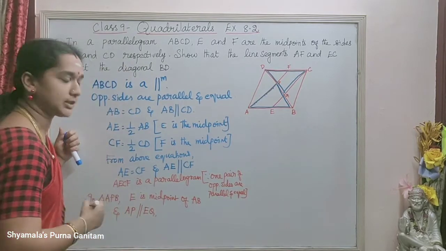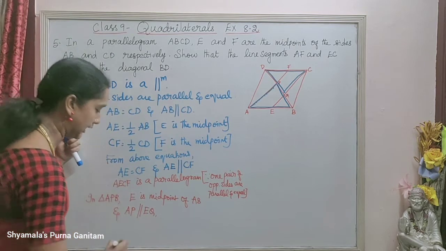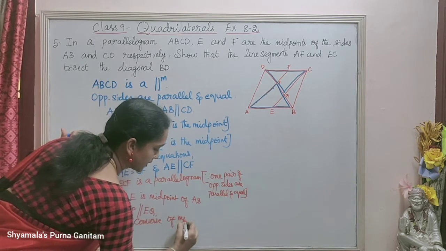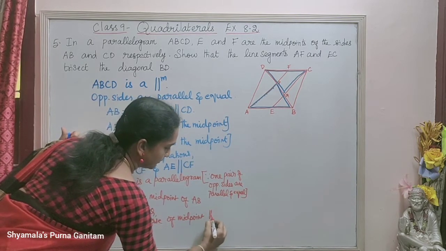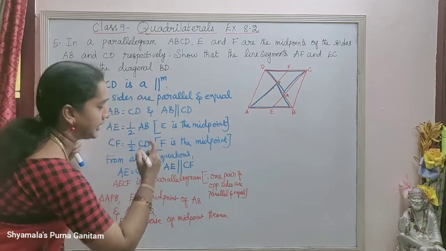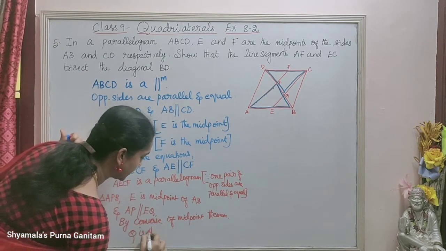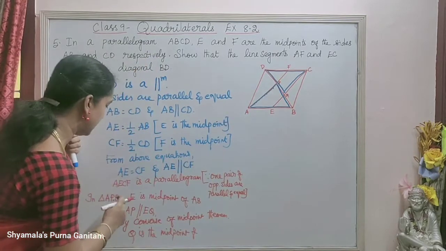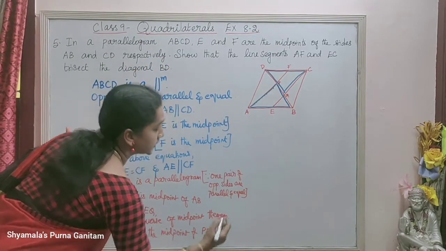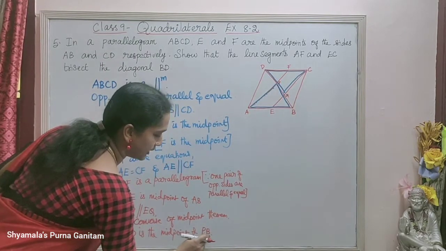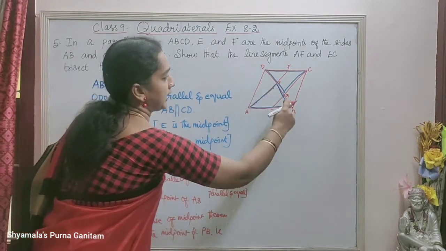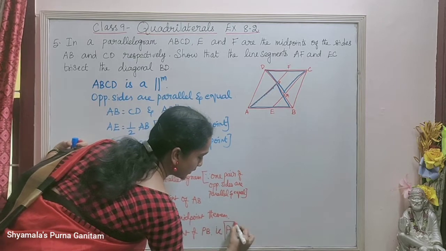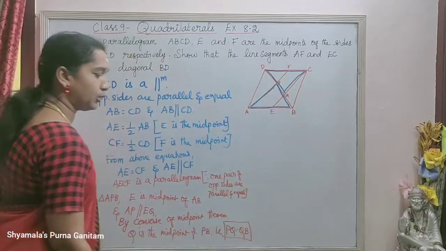By the converse of the midpoint theorem, AP parallel to EQ, we can say that Q is the midpoint of PB. So PQ is equal to QB.